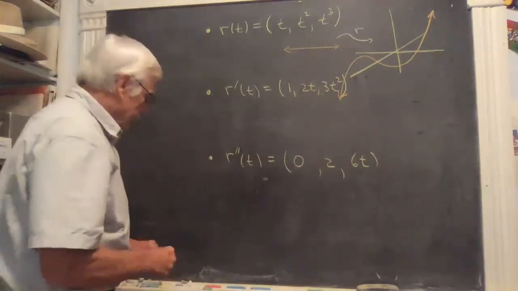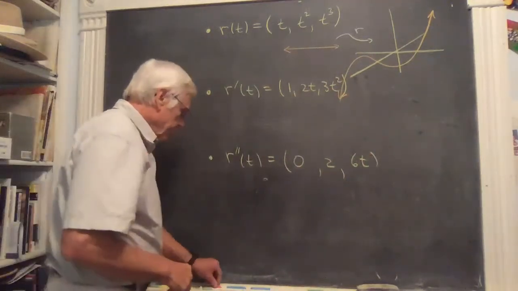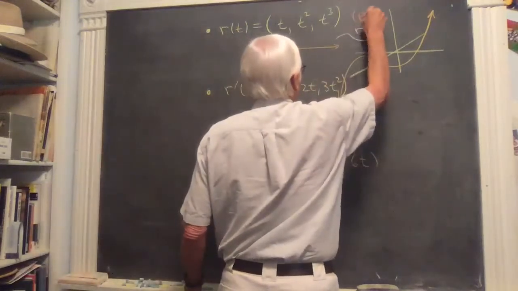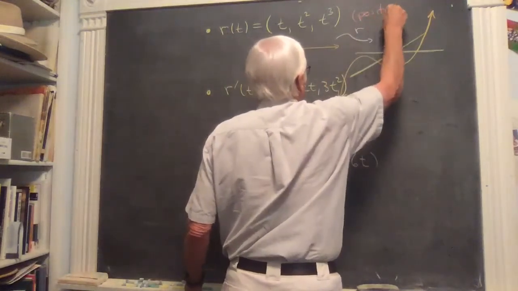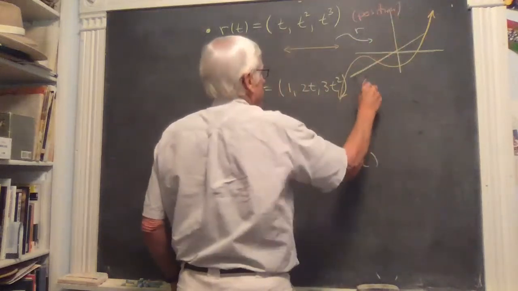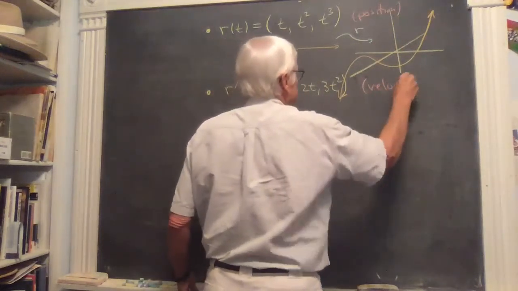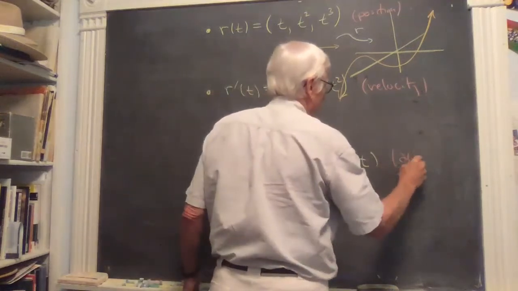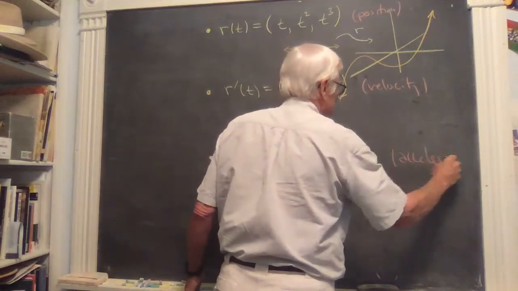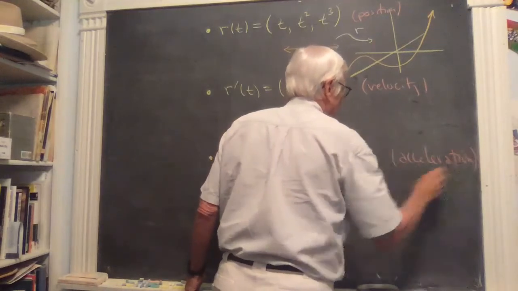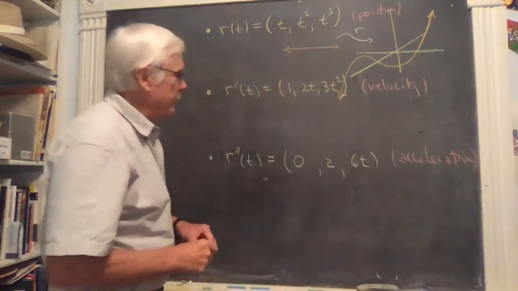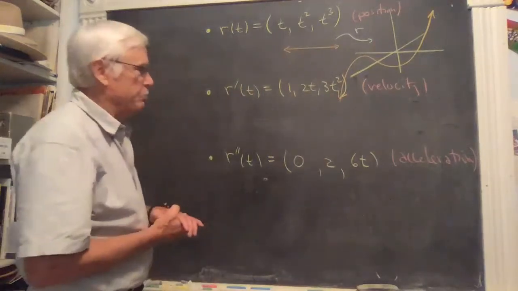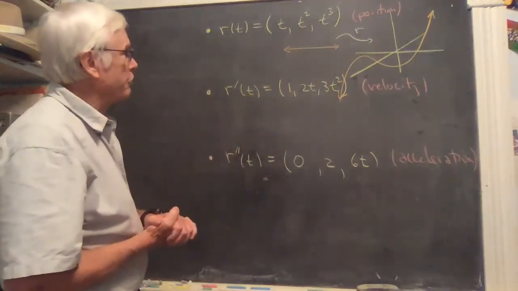And these are given names. The first one is called the position. The second one is the velocity. And the third one is called acceleration. And they are given these names even if t doesn't represent time. t is any parameter, these words are used.